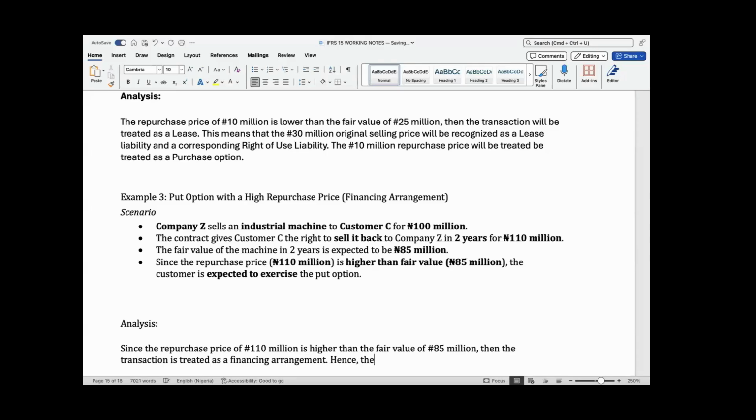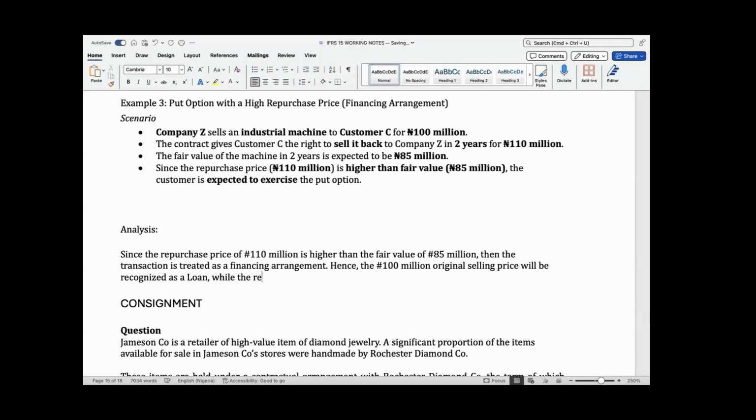Hence, the 110 million original selling price. No, the original selling price is 100 million. Okay, the 100 million original selling price will be recognized as what? As a loan.